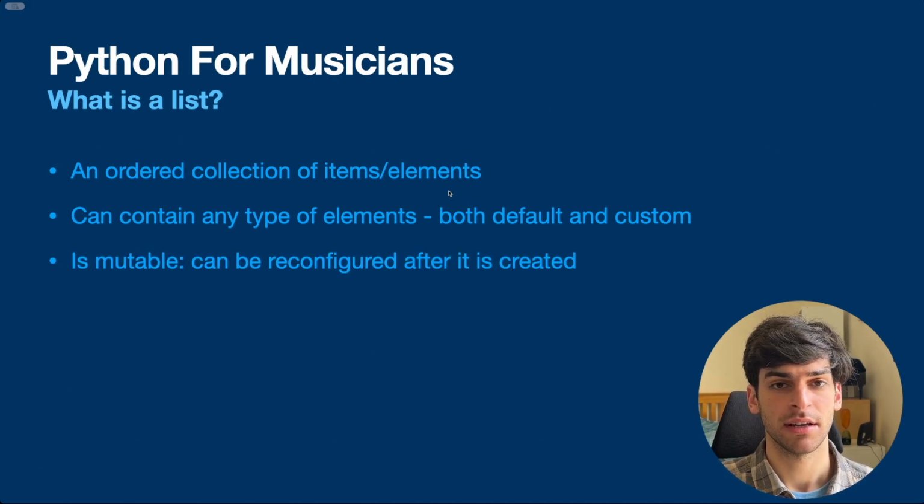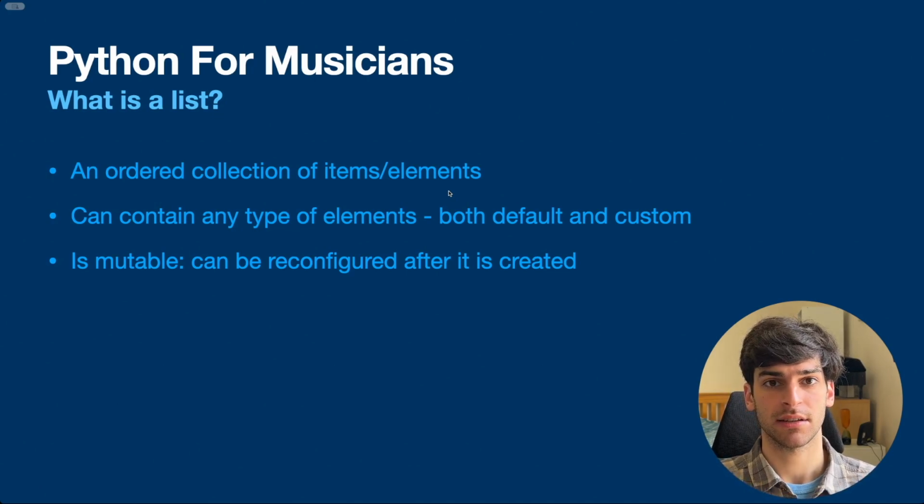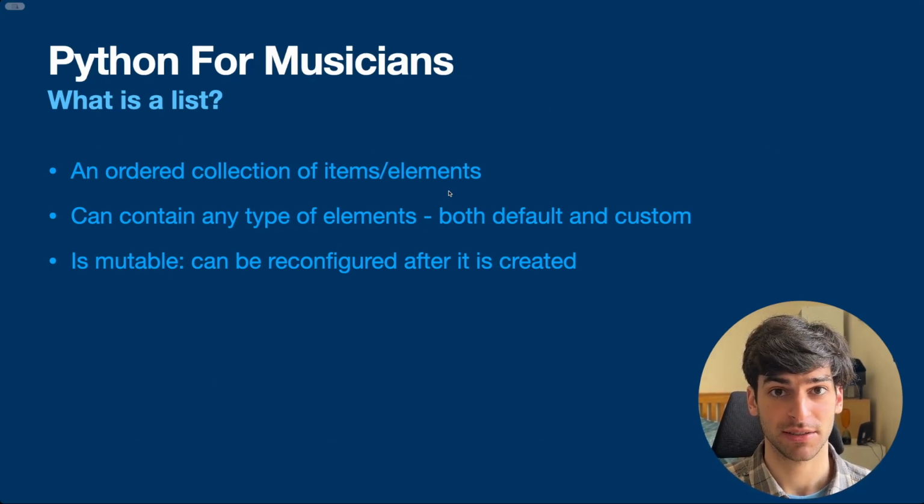In Python, lists are also mutable. When we say that an object is mutable, it means that it can be reconfigured after it has been created, meaning we can reorder the items in the list, we can add new ones, and we can remove some, while keeping the list the same list. Let's show all of this in a new lesson project.